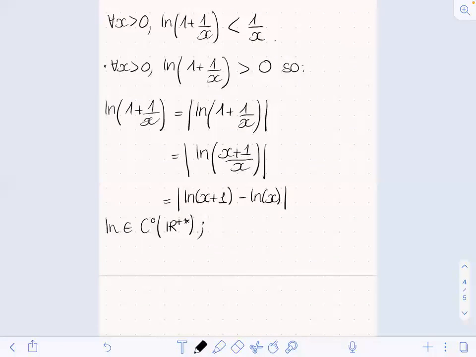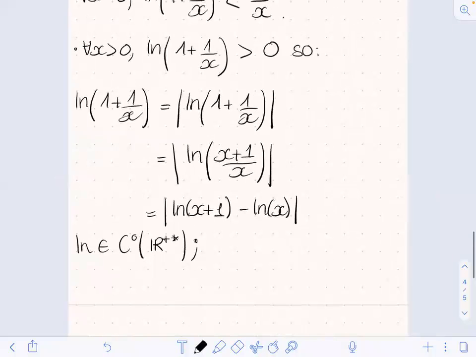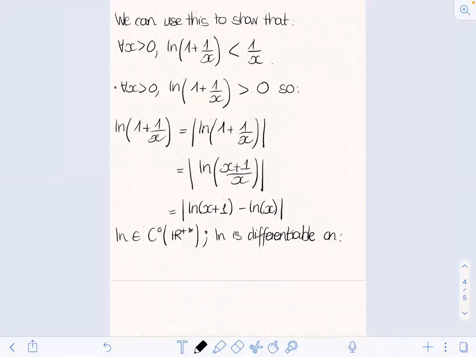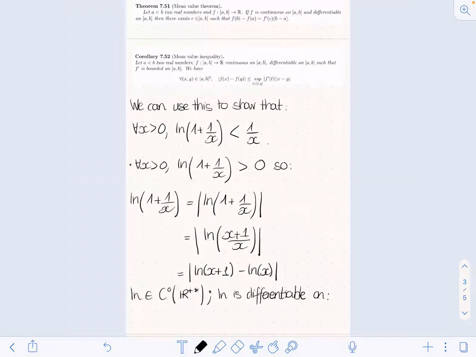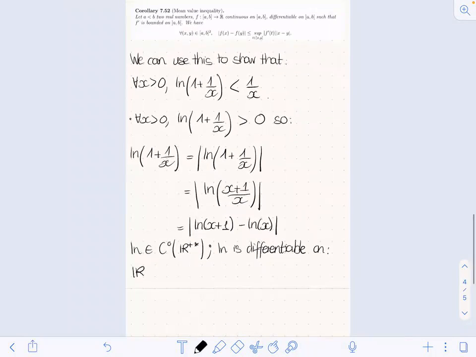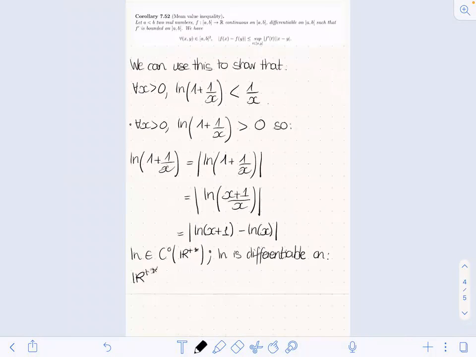And where is it differentiable? If we want to apply the inequality above, we need the differentiability property too. So where's it differentiable? Also on R plus star. Yeah, absolutely. In fact, I probably could have written C infinity, but it doesn't matter. So it's differentiable on R plus star.